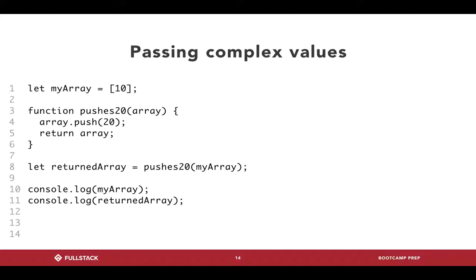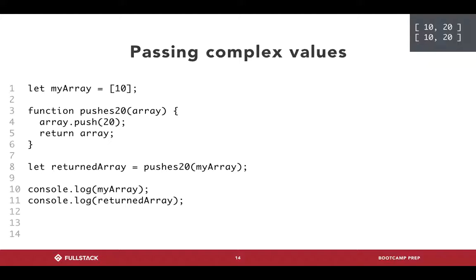Right. It has to be a reference because my array is a complex data type. We can't copy the value of a complex unless we explicitly make a copy of it first, right? So therefore, by passing in, we're actually passing in this exact array. And so when we do array.push20 and then we return the array, guess what? My array is changed, right?